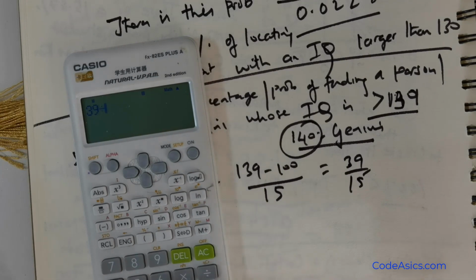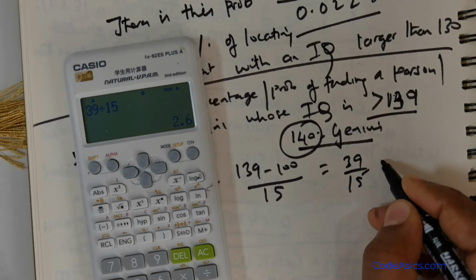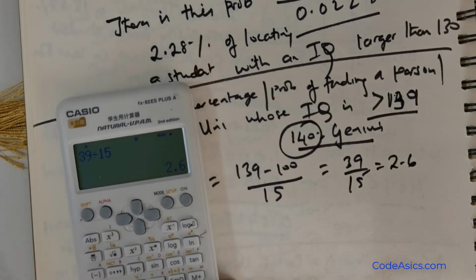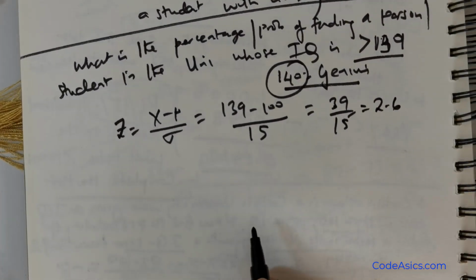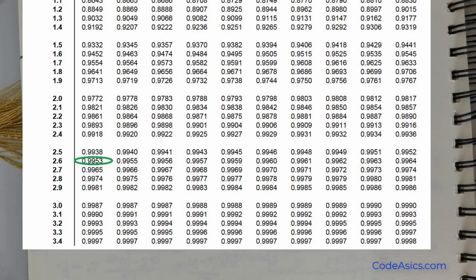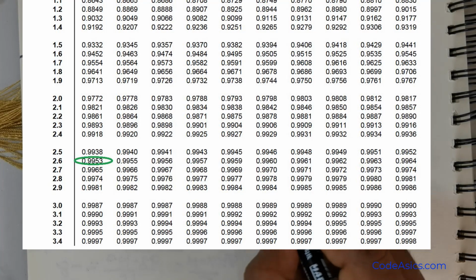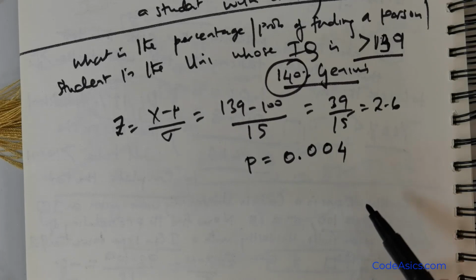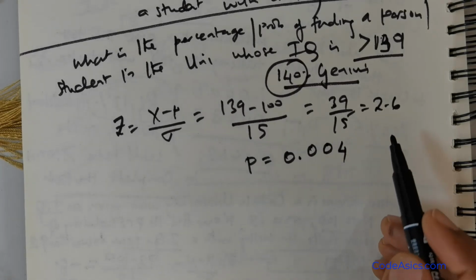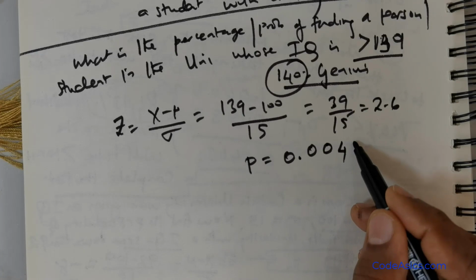39 divided by 15, and that is 2.6. So in the previous case we got 2, over here we got 2.6. So if I were to look into the p-value, I will show you how to find it using the p-value table. Now this p-value is 0.004. I am using the digital calculator, or I would say the digital way of finding the p-value.